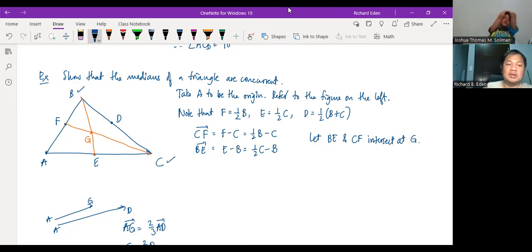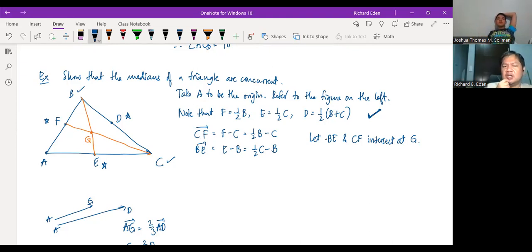So naturally, we anticipate F, D, and E. We should be able to write them down in terms of B and C, and that's actually the case. And so, because once you have the triangle, the centroid is unique.